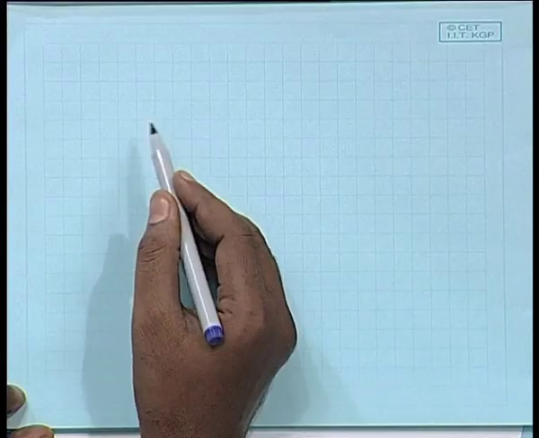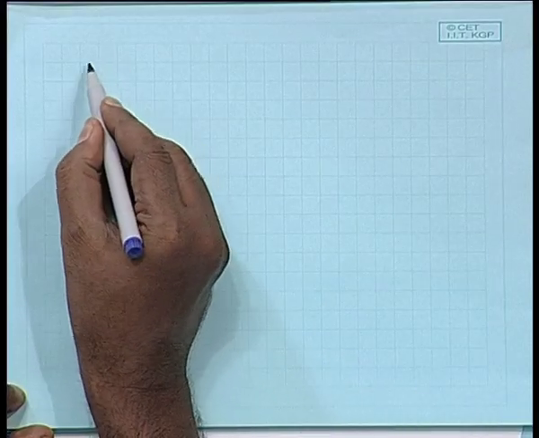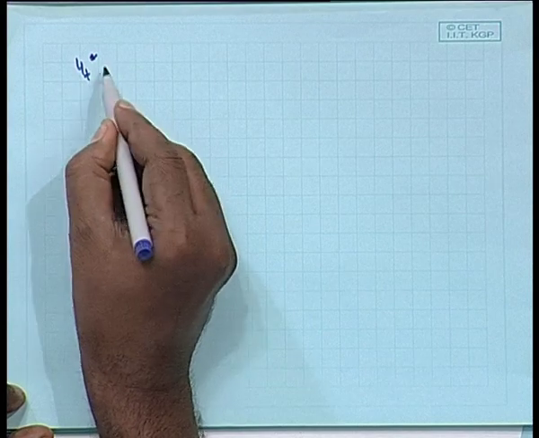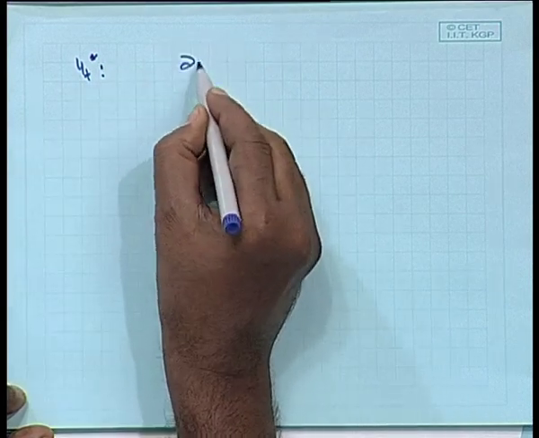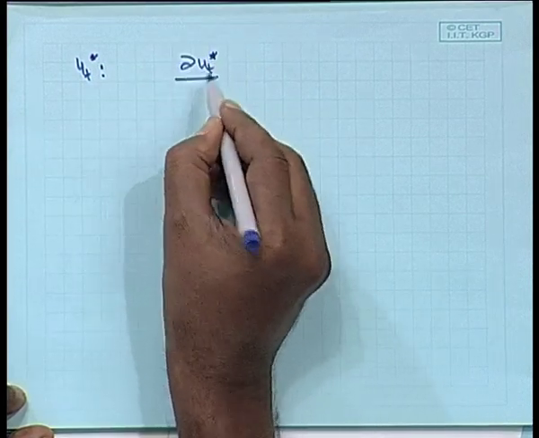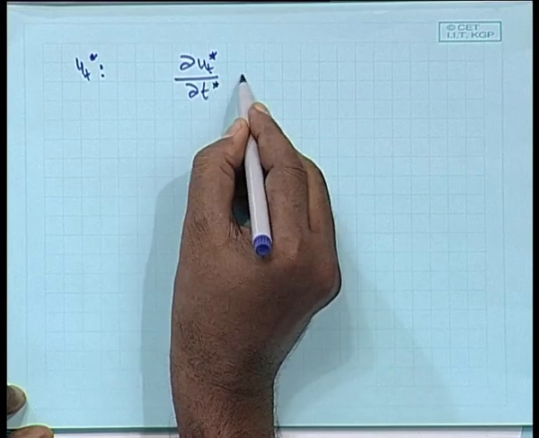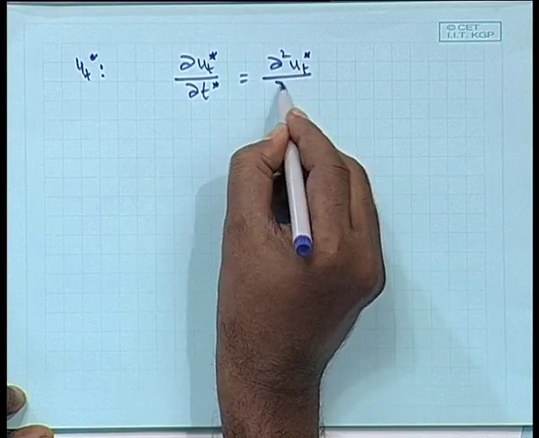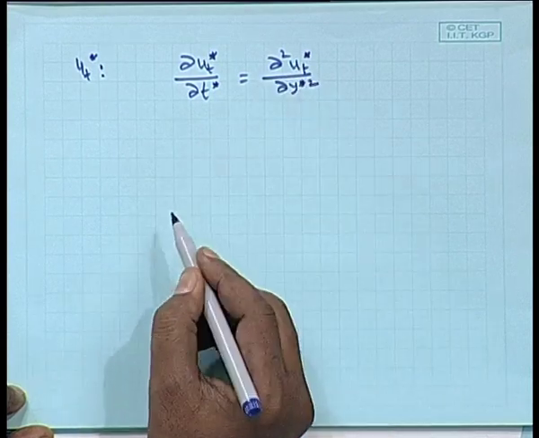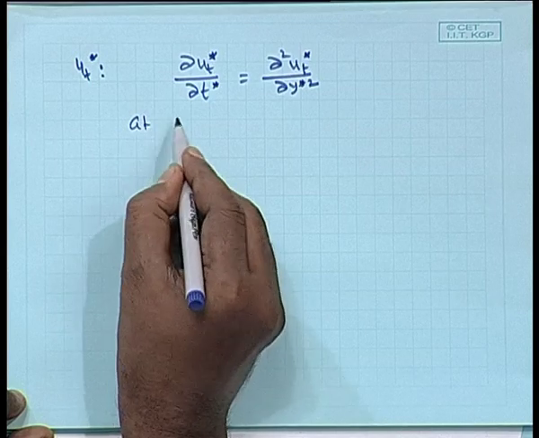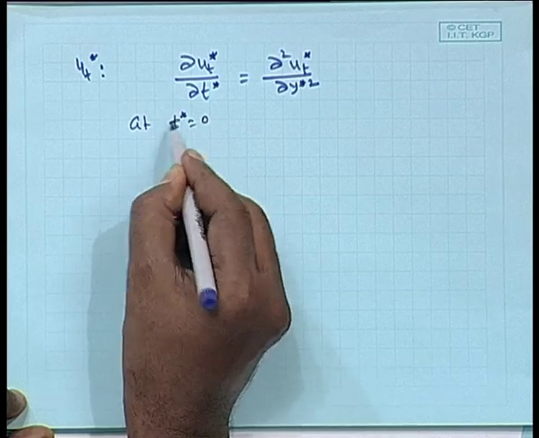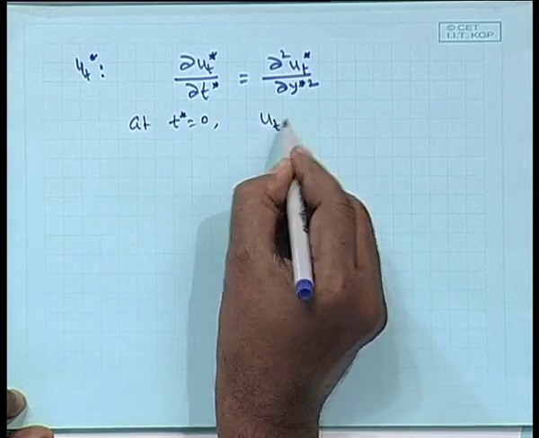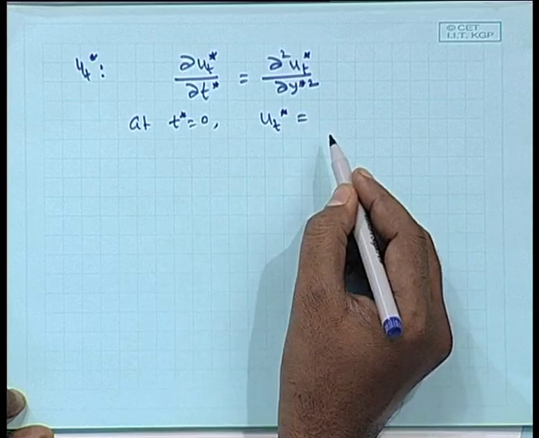Let us look into the other part, the transient one, u_t star. We had del u_t star by del t star is del square u_t star by del y star square, right. At time t star equal to 0, you had u_t star is minus u_s star of y.